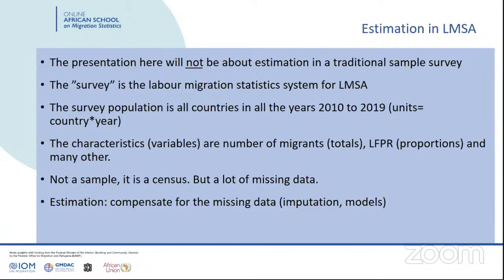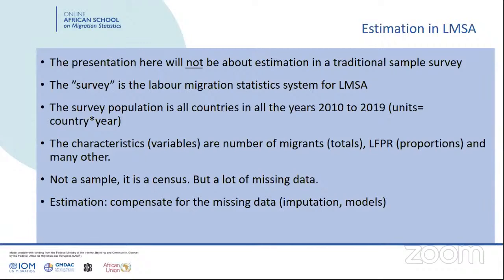And now we come into a much more complicated and messy situation as we have it for our labor migration statistics survey. The survey now is not a well-defined group of units, but you can describe it as the labor migration statistics system for the LMSA, Labor Migration Statistics for Africa.